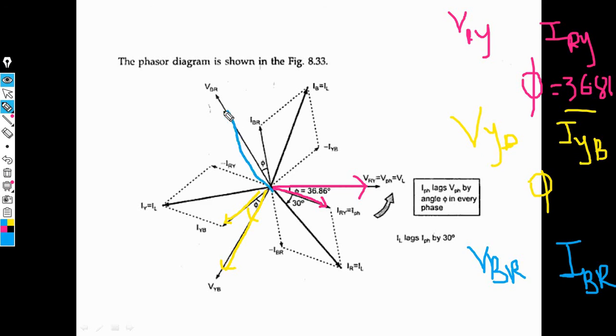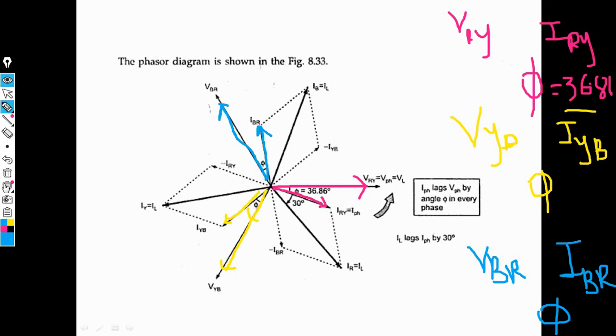VBR is here, then IBR is here, and the phi angle is here. We draw the angle phi as 36.86, that is phi is equal to 36.86.